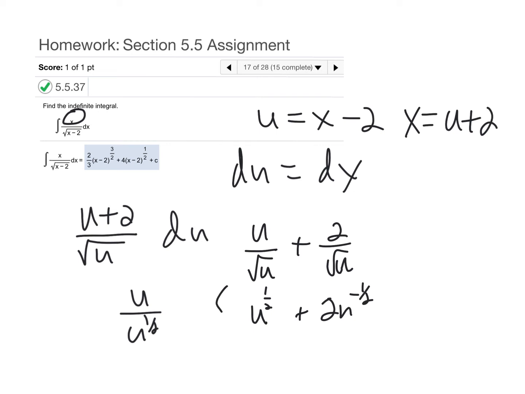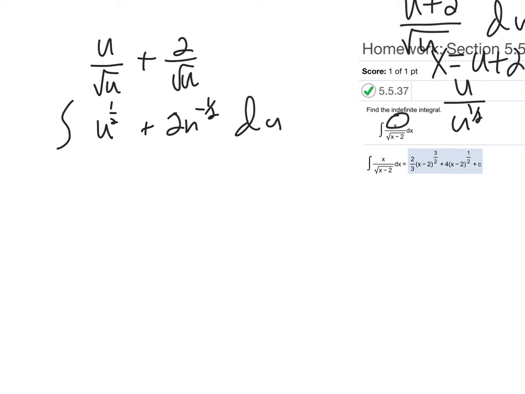And now that is not bad to find the antiderivative of. That's just some power rule functions. So now we'll just apply the power rule, right? So that becomes 2/3 u to the 3/2 plus 4, right? Let's think about that.